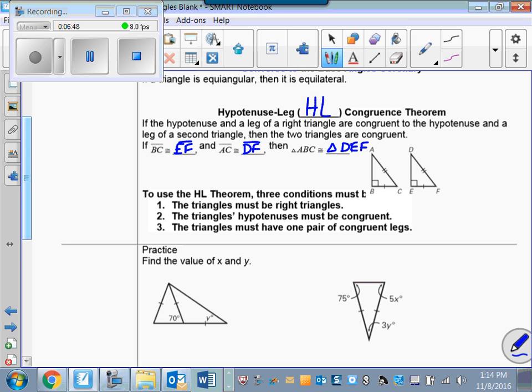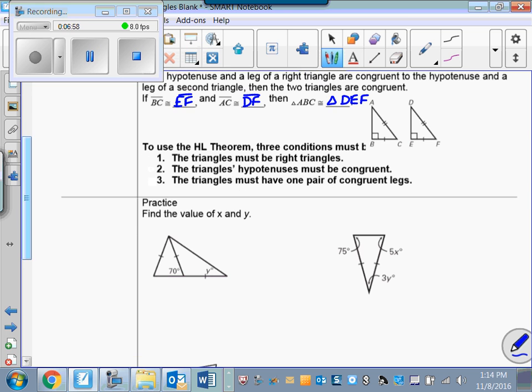So that's another way I can prove congruent triangles, not using side, side, side, side, angle, side, angle, or angle, angle, side. All right, what you got to remember though, three conditions must be met. If I'm going to use the HL theorem, triangles have to be right triangles.